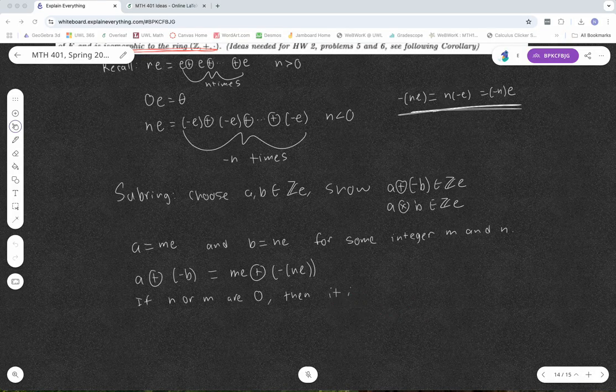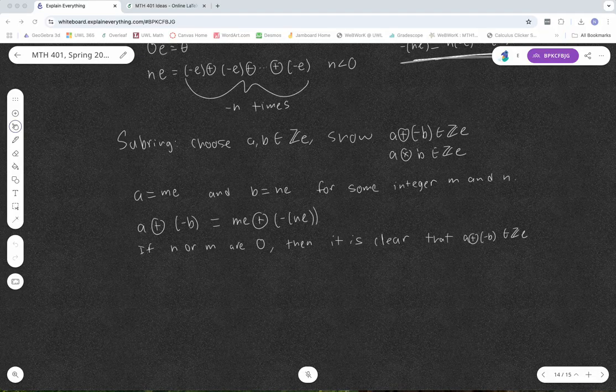We could go through these cases: if M is 0, then blah, and if N is 0, then blah, and they're very similar and pretty trivial. I don't really want to think about that too much. And it's clear that A plus negative B is in ZE.